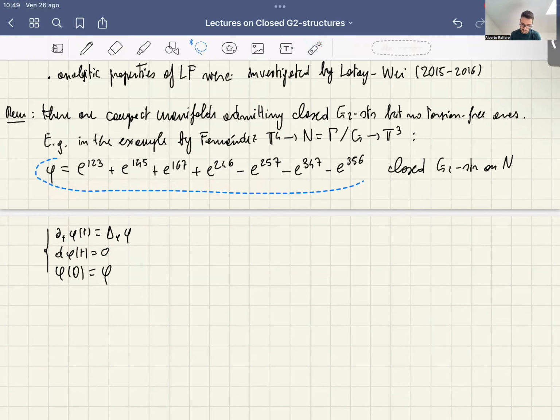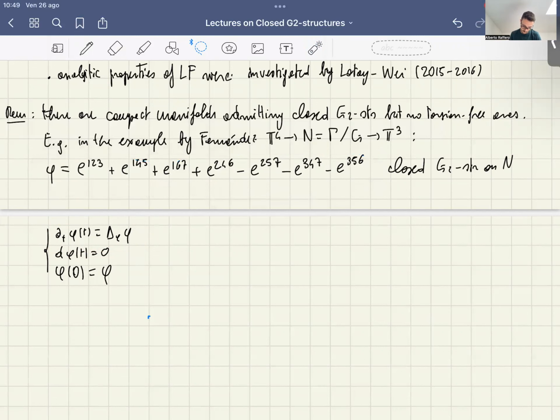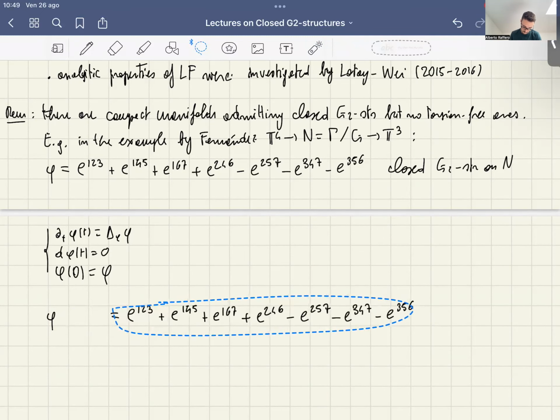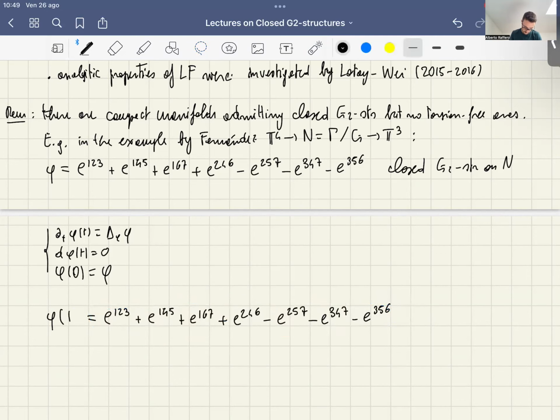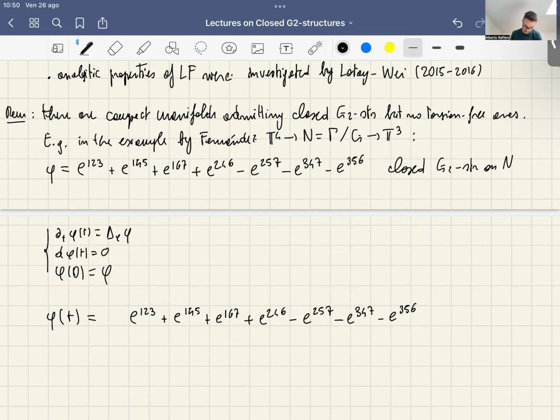In particular, with an ansatz of that type, what you get is that the solution to the flow starting at this closed G2 structure that we discussed yesterday is the following. Your φt is equal to some function ft to the power of 3 times e123, and just the same parts you already had for the expression of the 3-form φ.